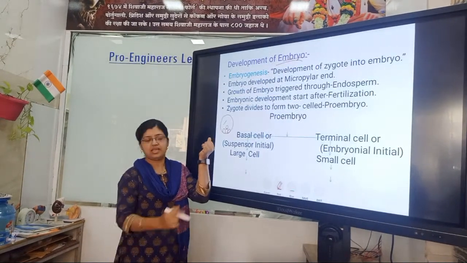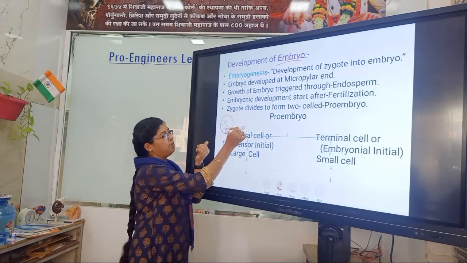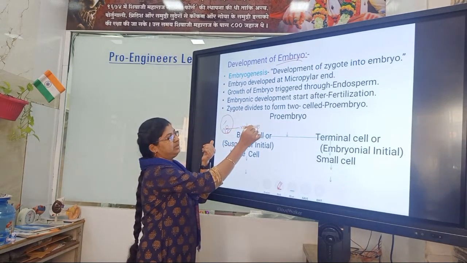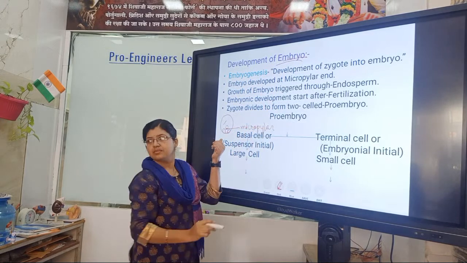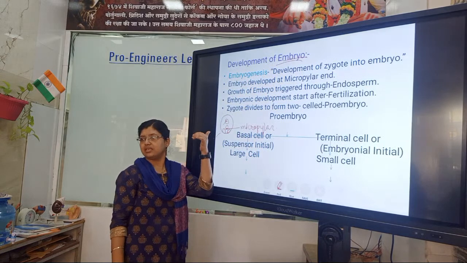This side is called the micropylar side. This is the primary endosperm nucleus. Clear?